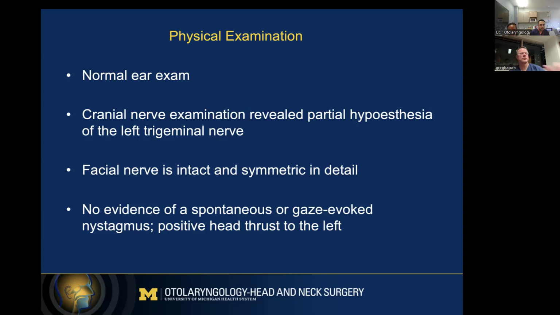As you think about this, and I'm not sure how board exams would go, you want to compartmentalize. So you want to think about the HPI: what are they complaining of? And then you'd say, well, I'd want to know their past medical, surgical history, medications. Are they starting new medications, allergies, social history, and then let the examiner tell you.